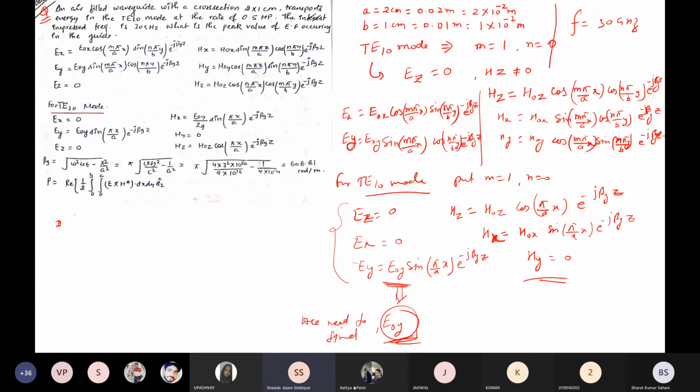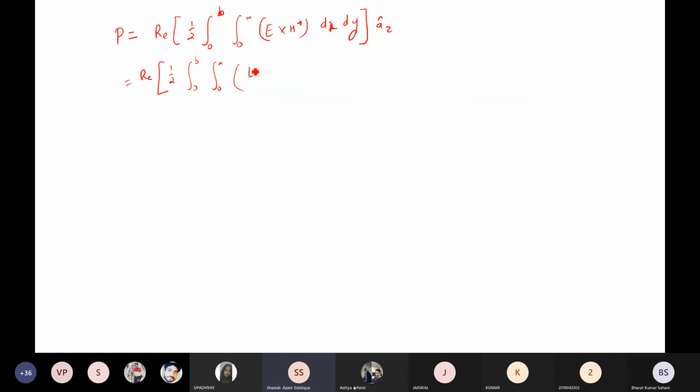Okay, so we have this one. The electric field is E naught Y sine pi x by A, e to the power minus j beta g into z, and that is in the y direction.